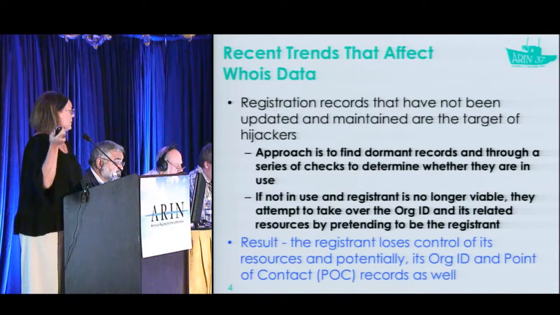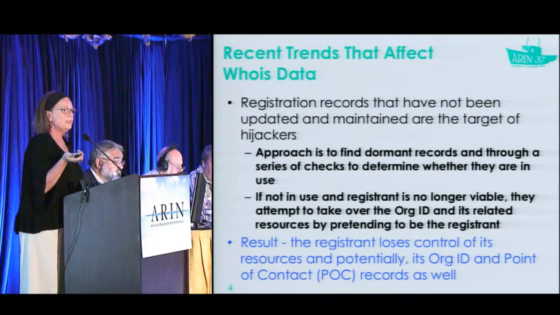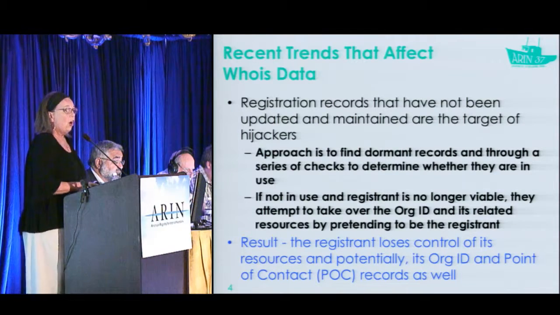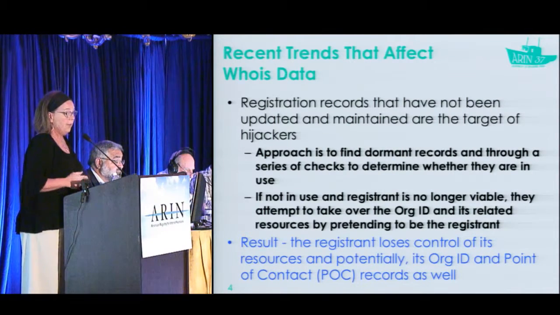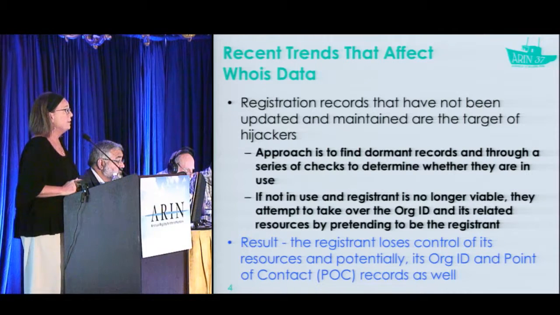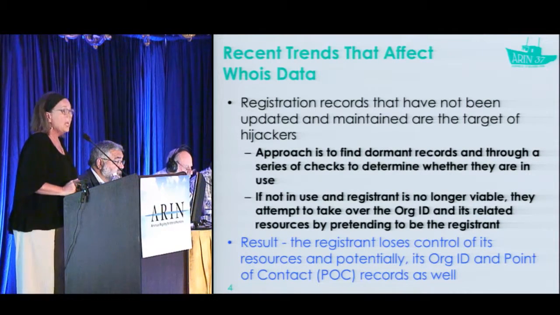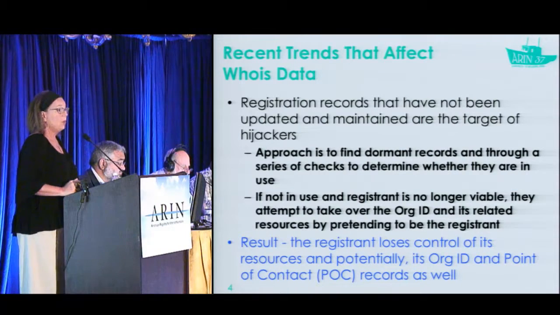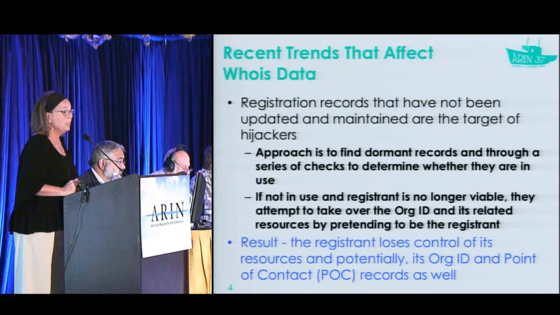So ARIN is seeing some different trends recently that are affecting Whois data. This isn't actually new, but we're seeing a resurgence of it. Registration records that have not been updated and maintained have always been the target of hijackers. But with this new IPv4 transfer market, hijackers are really actively seeking out resources that have not been updated in years.